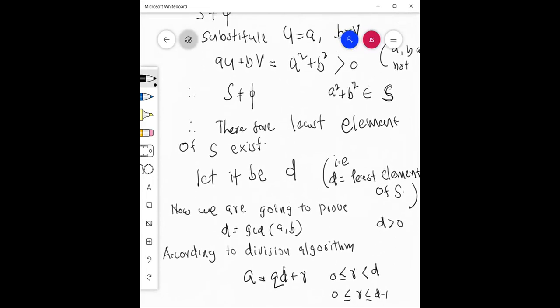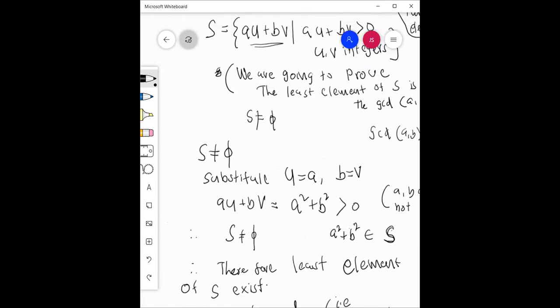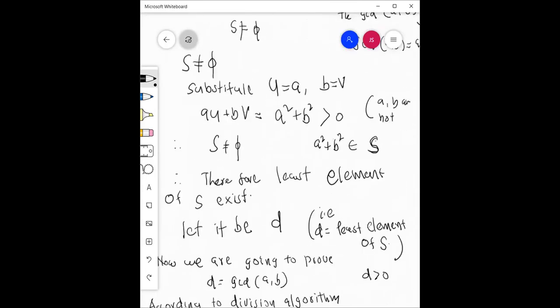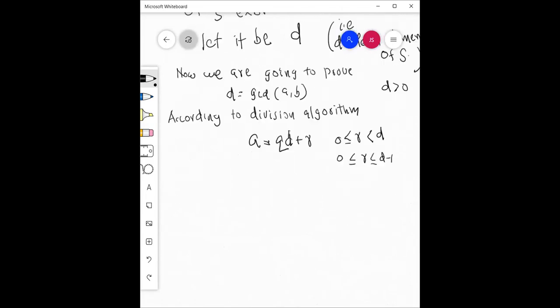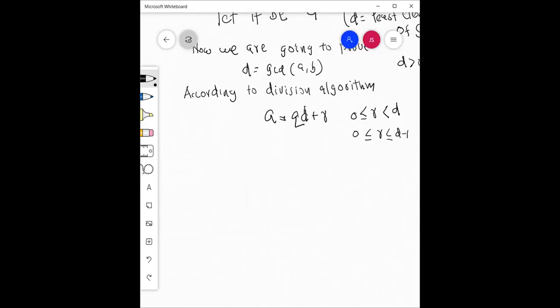We showed that S is non-empty and all the elements of S are positive, because AU plus BV is greater than 0. So we use the division algorithm, and R is between 0 and D minus 1.